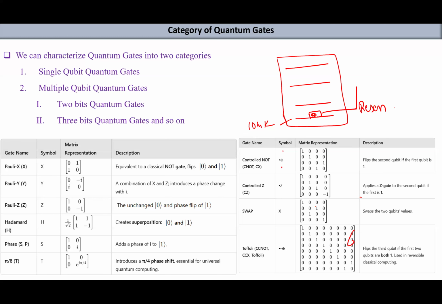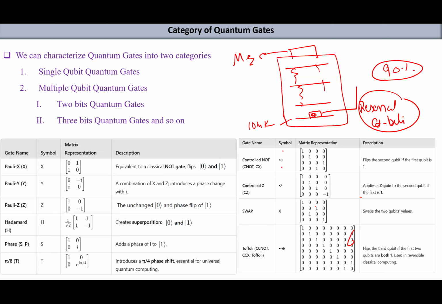That is the quantum bit. And all the other parts, you are going to have a measurement system, supply system. So you can see 90% of the items in the quantum computers are classical. Only the qubits are quantum.